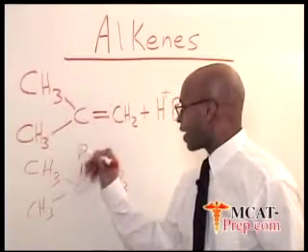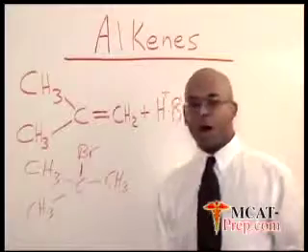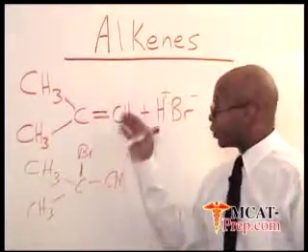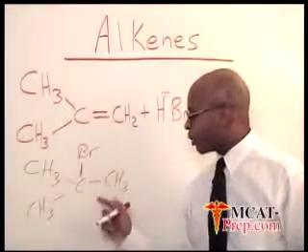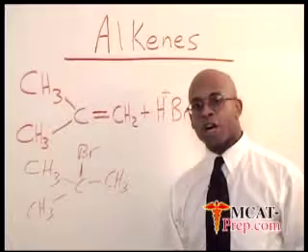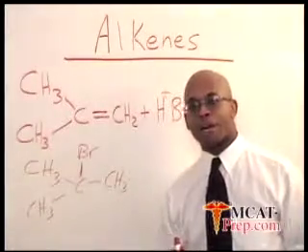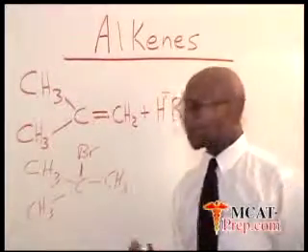And so then we would have a bond like so. And this would be our product. This product, which occurred using the most stable intermediate, would be called a Markovnikov product, because it came through the most stable mechanism.